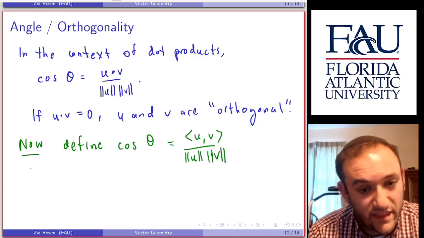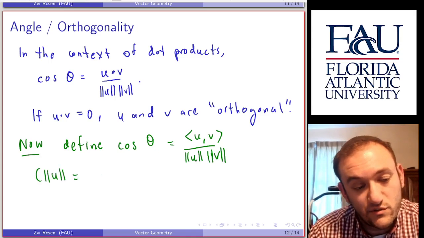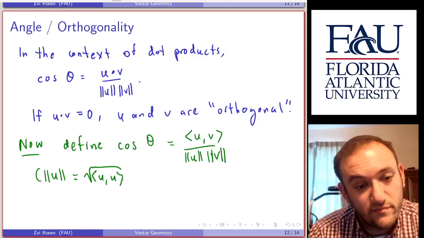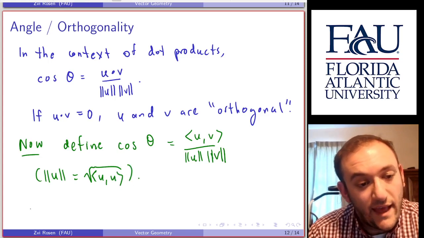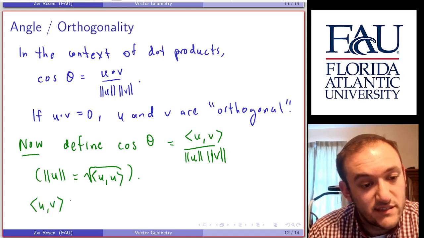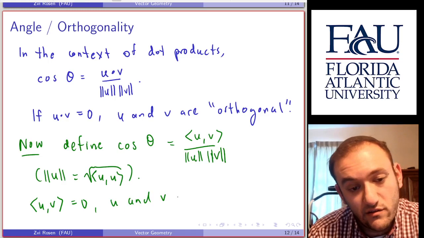Okay, and recall that norm of u is equal to the square root of inner product of u with itself. And if the inner product of u and v is 0, u and v are orthogonal.